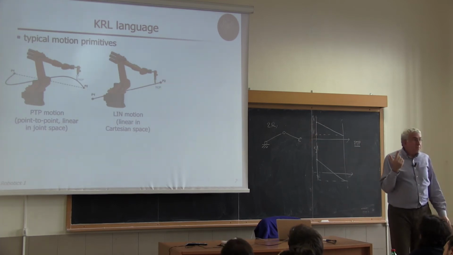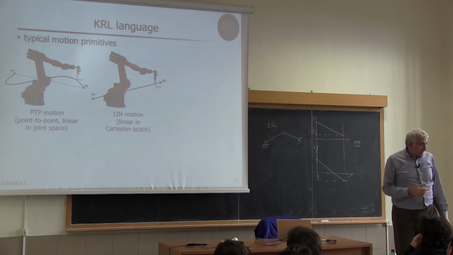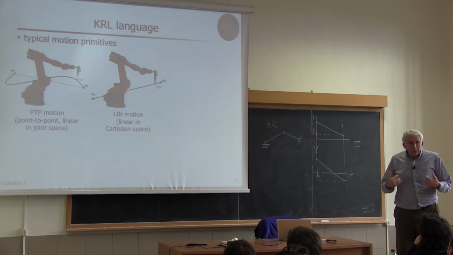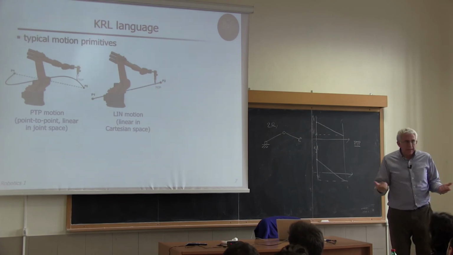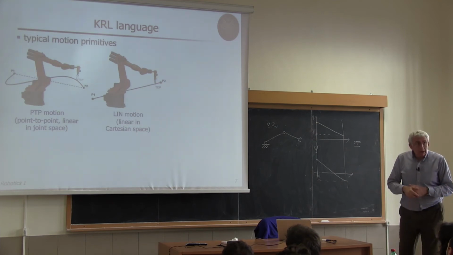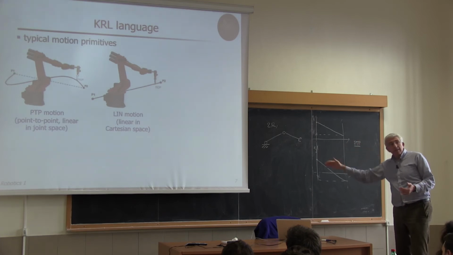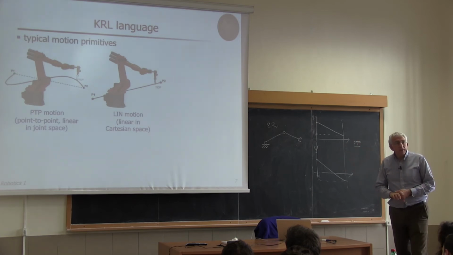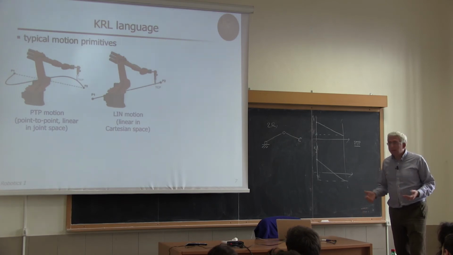But remember, I cannot actuate directly the Cartesian motion because the actuators are in the joint space. So somehow I should convert this path, and we will see also the timing law that I use on this path, because I can move at constant speed or start with zero velocity, accelerate, then travel at some medium speed, and then decelerate and stop, and so on and so on.